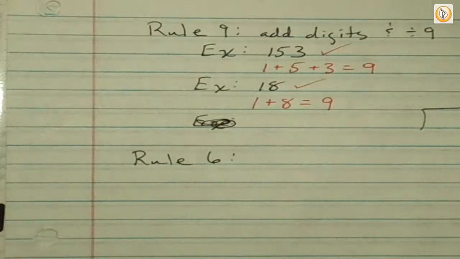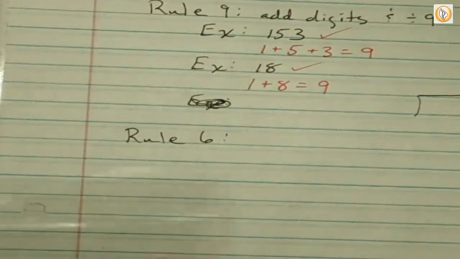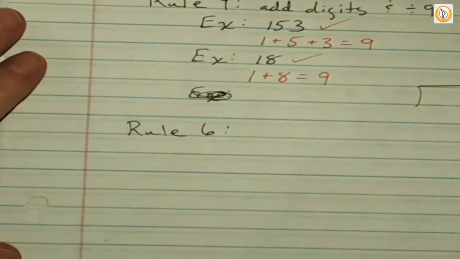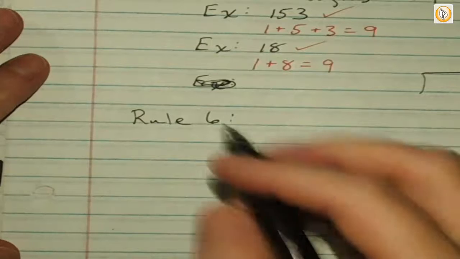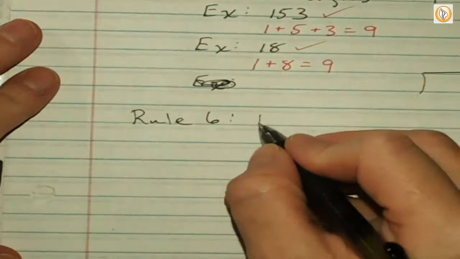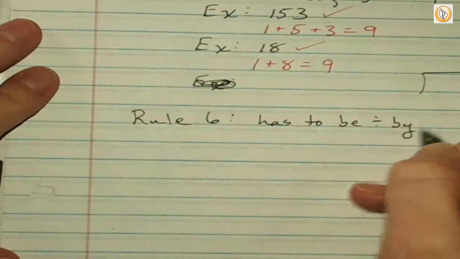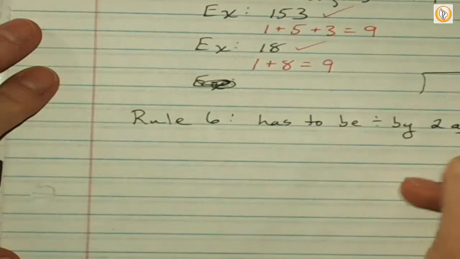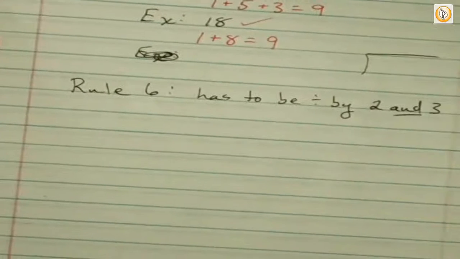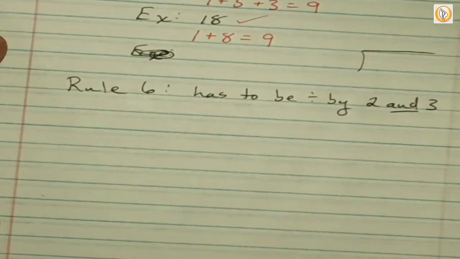I have an IXL that if you study this chart and do that IXL, it'll get easier. So for 6, it has to be both. It can't be just 2 or just 3. It has to be divisible by 2 and 3. Then it's divisible by 6.